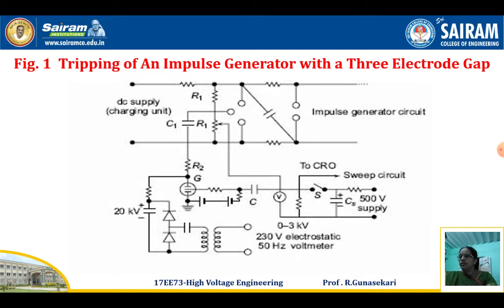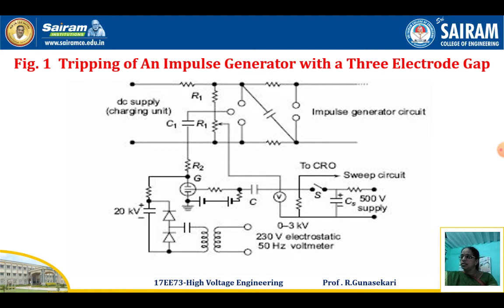Then the tripping is initiated by applying pulses to the thyratron G by closing the switch S. The capacitor C, in between the thyratron and the switch, produces an exponentially decaying pulse of positive polarity.